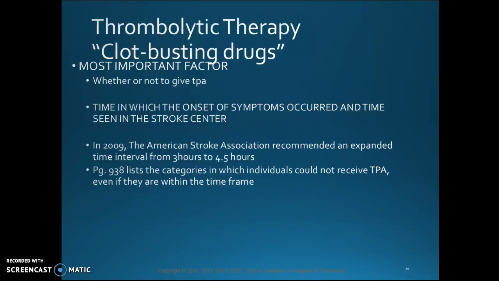Page 938 lists the categories in which individuals could not receive TPA, even if they are within the time frame. And I'm actually going to just read it right to you.